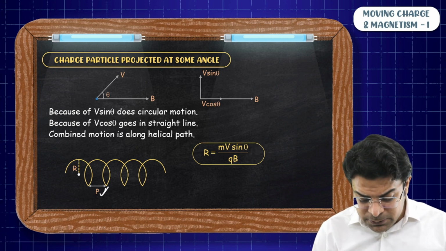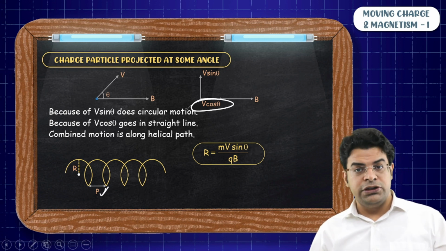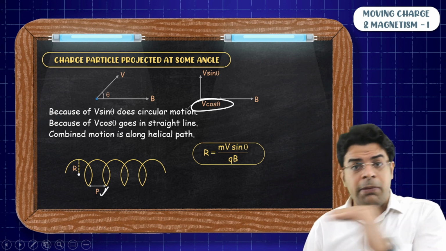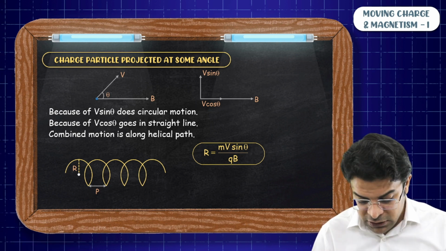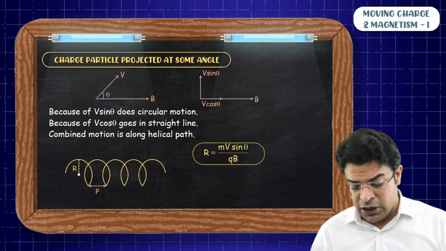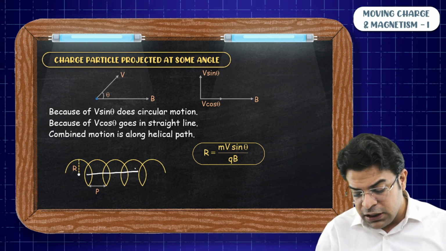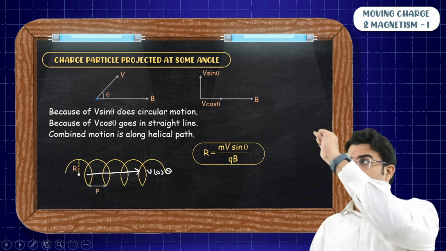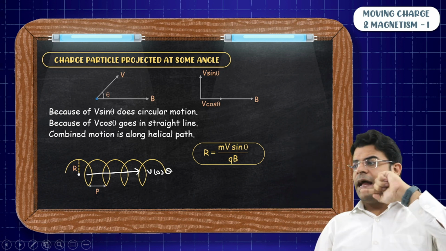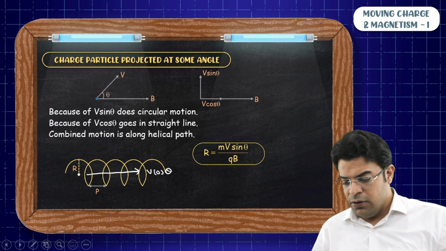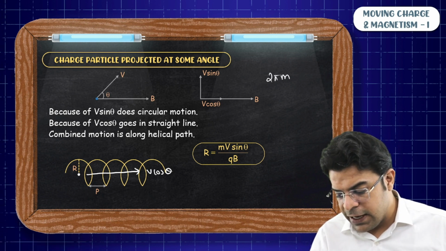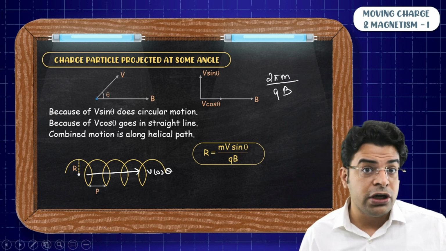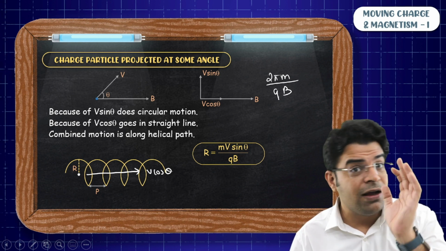Now you get the pitch due to the horizontal velocity, the velocity in direction of the magnetic field, v cos theta. This pitch has to be nothing but the velocity along the direction of magnetic field multiplied by the time taken to complete one circle. The time taken to complete one circle will be nothing but 2 pi m by qB, the time period of circular motion, which is independent of the velocity.